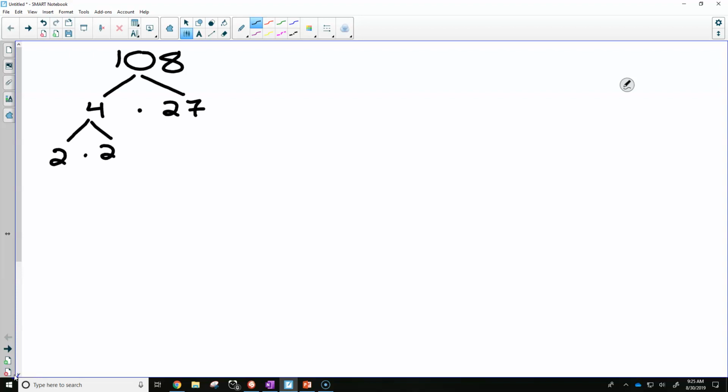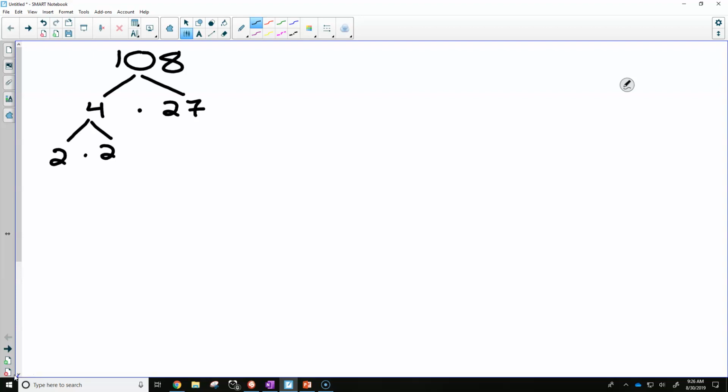Now, can you break these up anymore? Why not? What is a prime number? Good. A prime number can only be multiplied by 1 and itself. I've written up the board. I'm going to make a poster and hang it in the room. I think that'd be helpful.